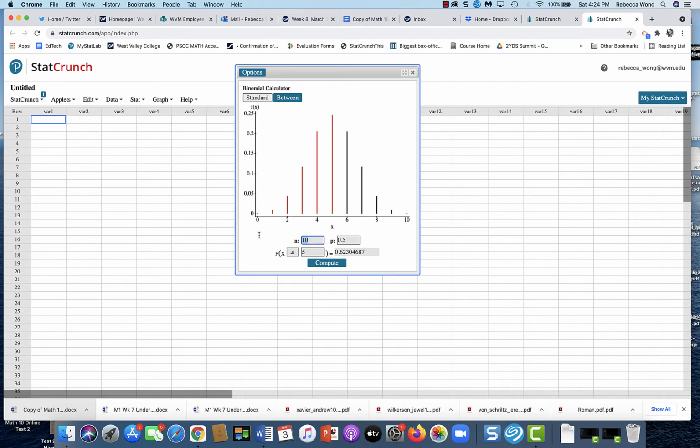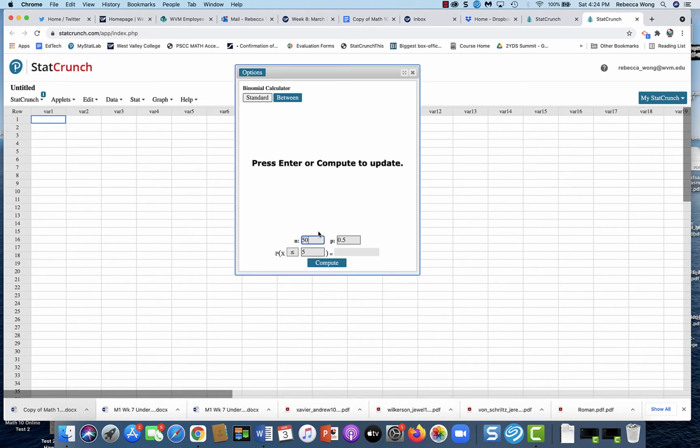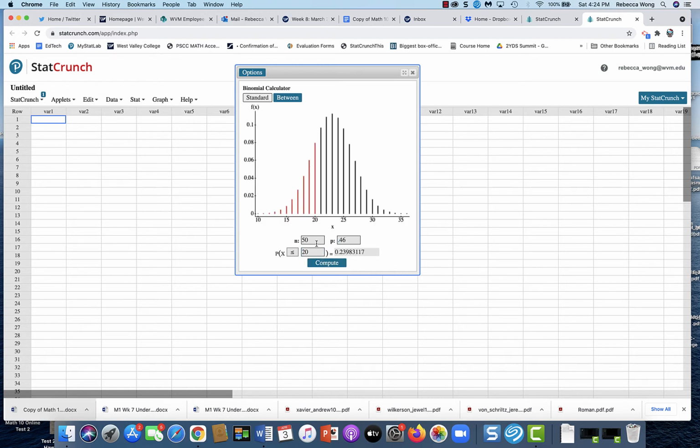So for the first one, our value for n was 50. Our probability was 0.46. And we wanted to know the values which were at most 20. So at most we said was less than or equal to 20. And you can see right here that what StatCrunch has done is it started on the left and added up all of the numbers till 20.